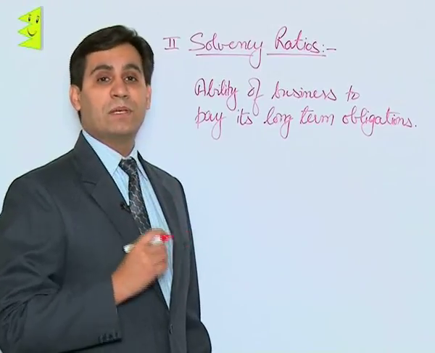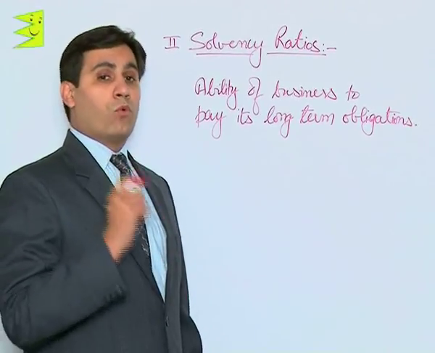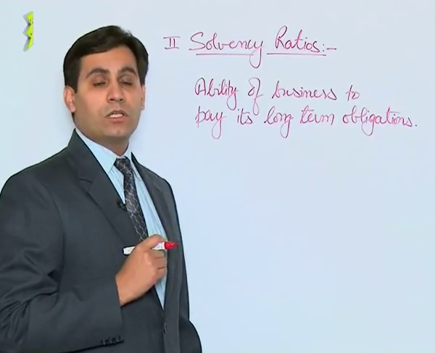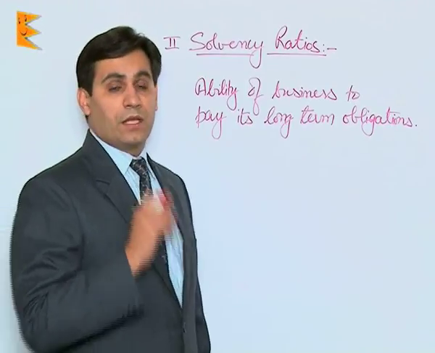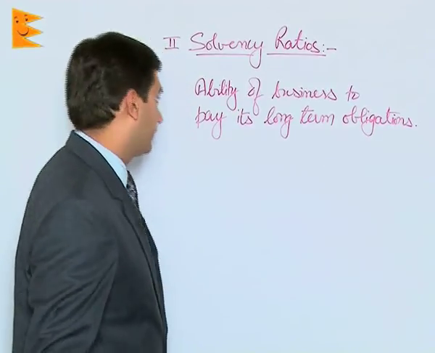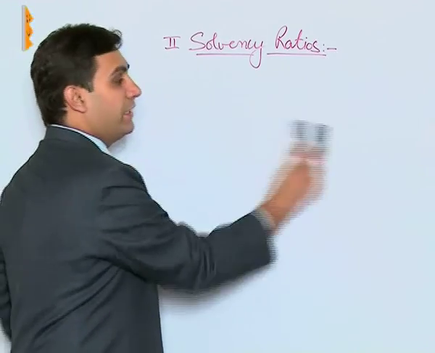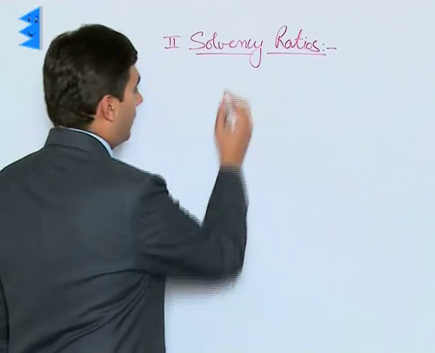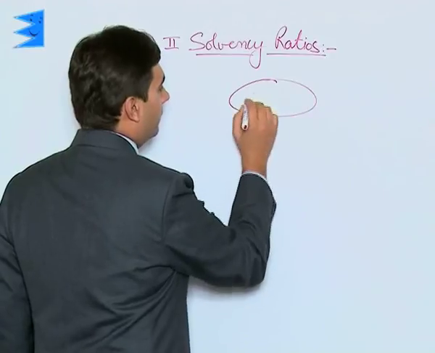But before that, we must understand what are the basic points that long term lenders are interested in. As a long term lender, you would be actually interested in two things. Let's say this is a long-term lender.